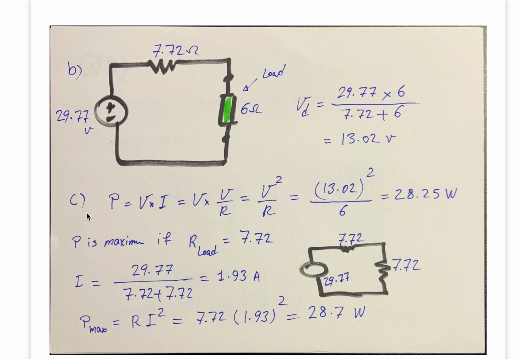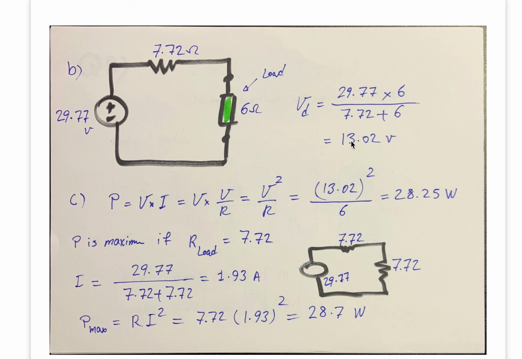In section C, we say what is the power consumed by the load. Power equals VI by definition, but I don't have I and I don't want to obtain I, so I can replace I by V over R based on Ohm's law, and then I get V times V over R. This can be written as V square over R. Voltage is 13.02.